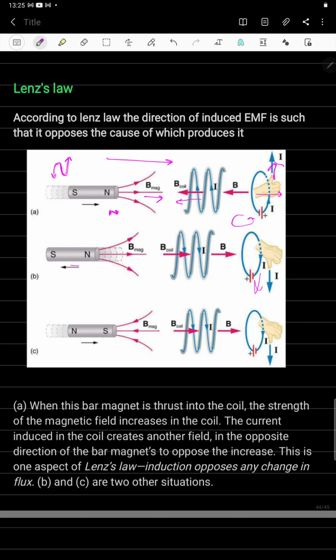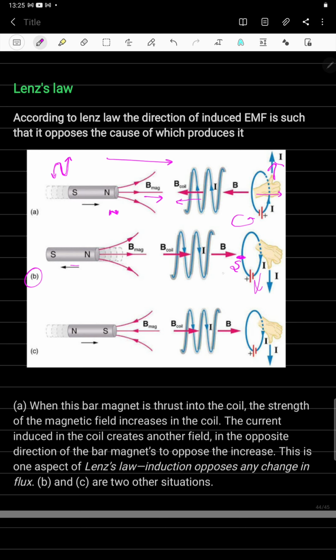When the N pole is taken away from the loop, as in B, this face of the loop behaves as an S pole.